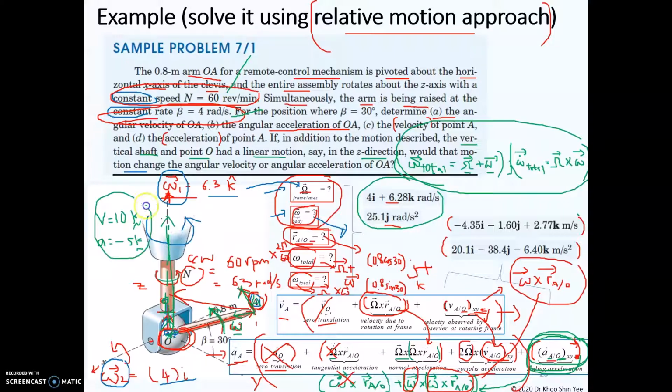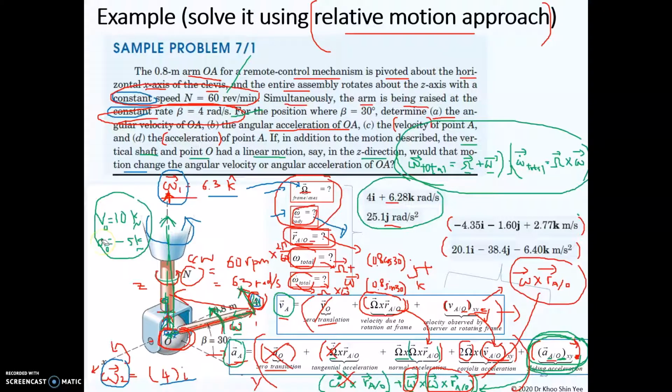Would this change the velocity at point A and the acceleration at point A here? The answer is yes, because when the shaft and point O is moving upward, the velocity at point O here is no longer equal to 0. It will be equal to 10 for the velocity and it will be equal to negative 5 for the acceleration.